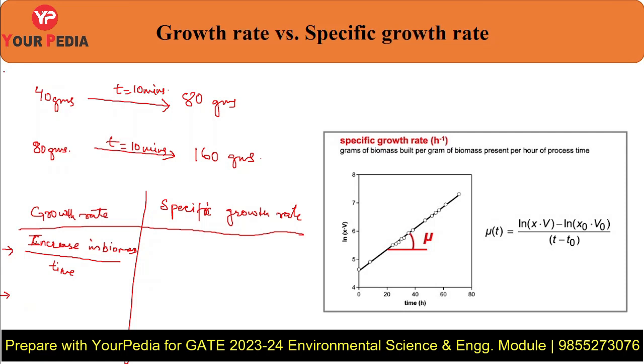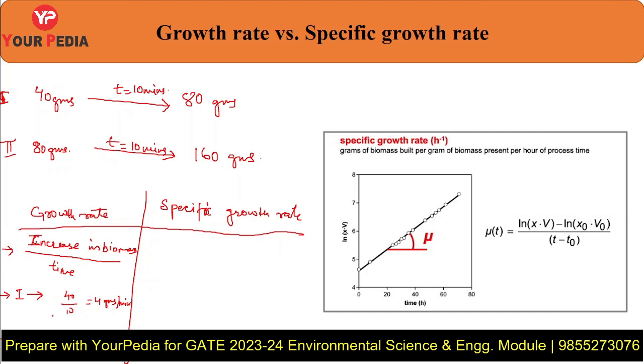So as per this definition, for case 1 and case 2. For case 1, the growth rate comes out to be, what is the increase in biomass? It's 80 minus 40, that is 40, divided by 10, that is 4 grams per minute. All right. And for case 2, we get 160 minus 80, that is 80, divided by this 10, so this is 8 grams per minute.